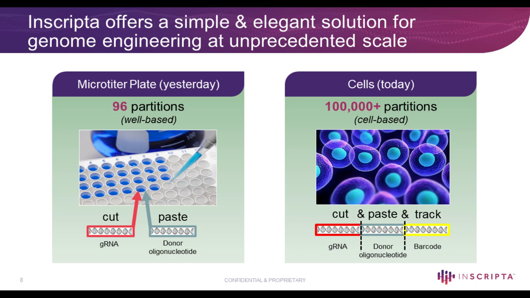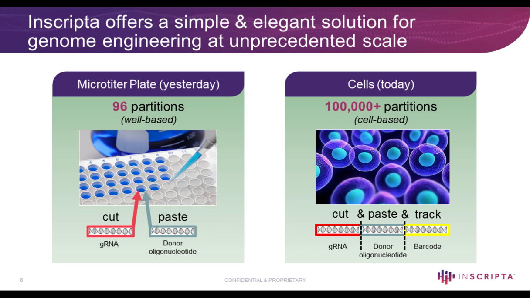One great way to conceptualize what we're doing is that we're taking the old paradigm of having to make a 96-well plate with individual edits by introducing the guide RNA and the donor template into each of those individual wells that aren't combined or linked together. By necessity, they had to be separated into these wells.